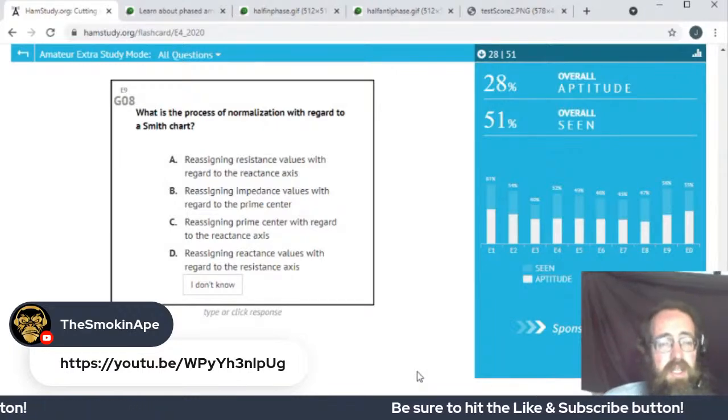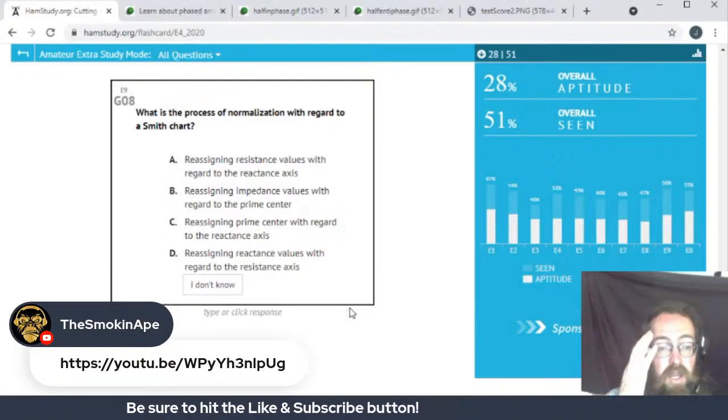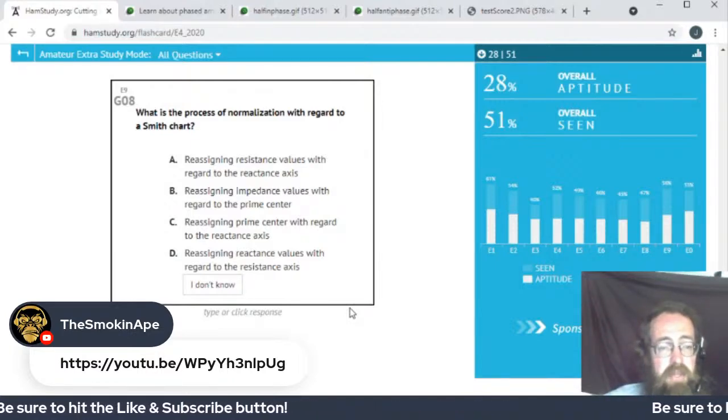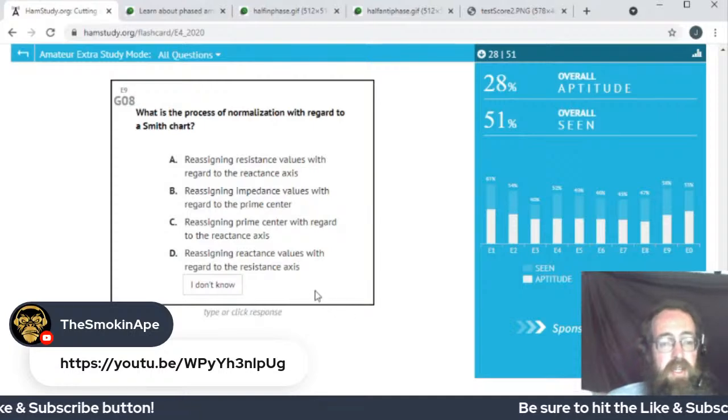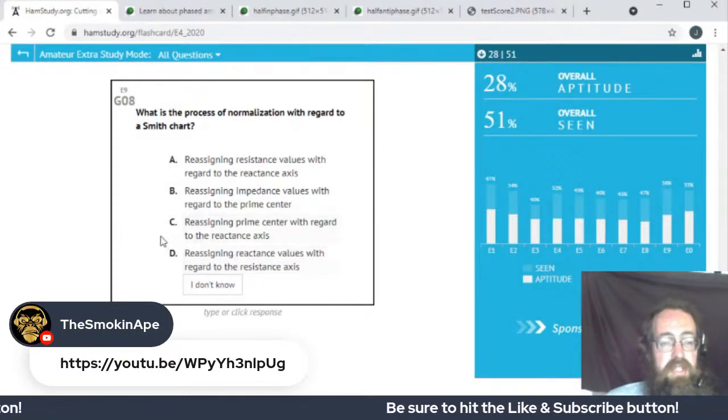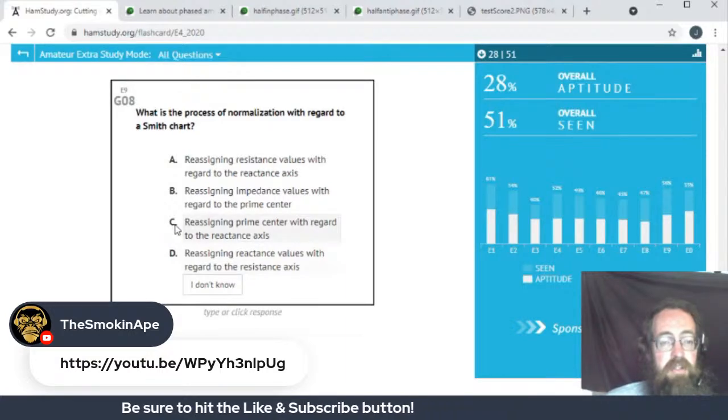So this one, I believe I chose C last time, reassigning the prime center, and it is actually the opposite.